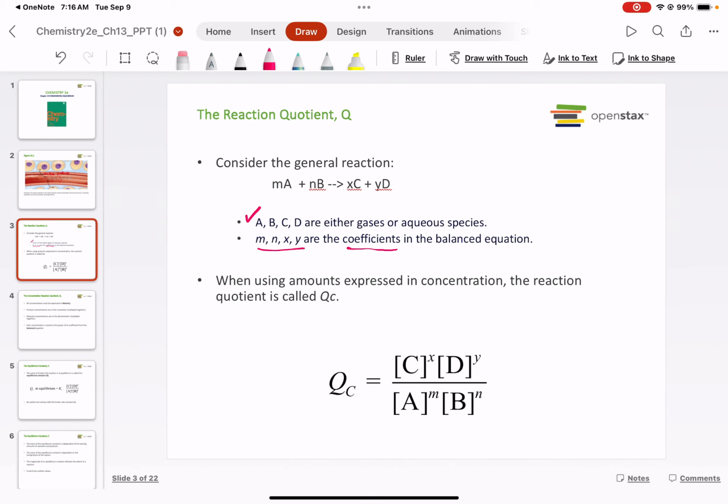So let's say we have such and such amount of products and such amount of reactants at any time, and we get the ratio. The ratio is known as the quotient, and it's called Qc. The sub c means concentrations.